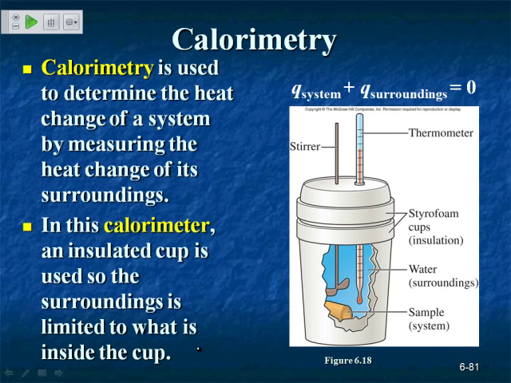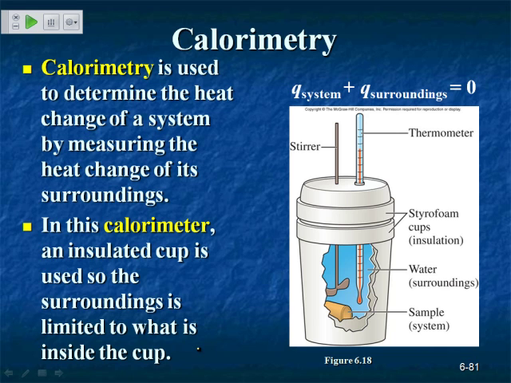Specific heat of water is a constant, 4.184 joules per gram degree Celsius. And we will use a thermometer to measure the initial temperature of water, that is before we put the sample in, and final temperature of water. So you have delta T of water. So you have all three things to calculate Q of water, which is your surroundings: mass of water, delta T of water, and specific heat of water.